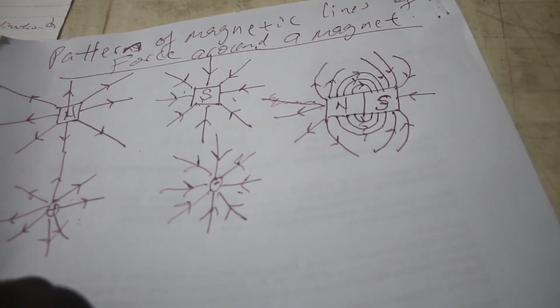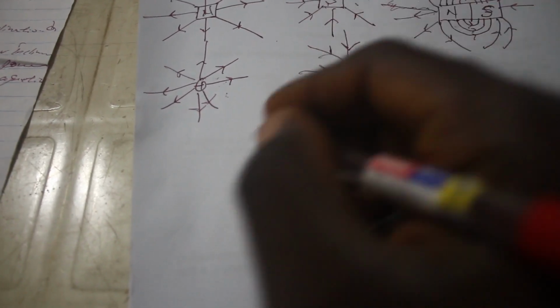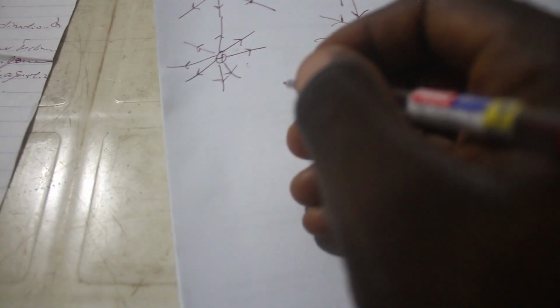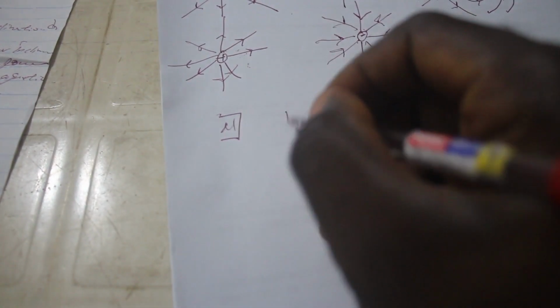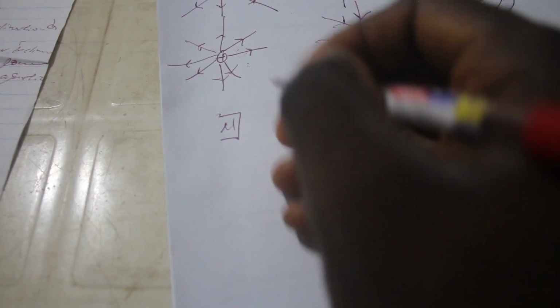So now let's talk about the pattern of magnetic field around two magnets of similar polarity, of the same polarity. So let's say we have a North Pole here and another North Pole here. What is the pattern of magnetic field around them?